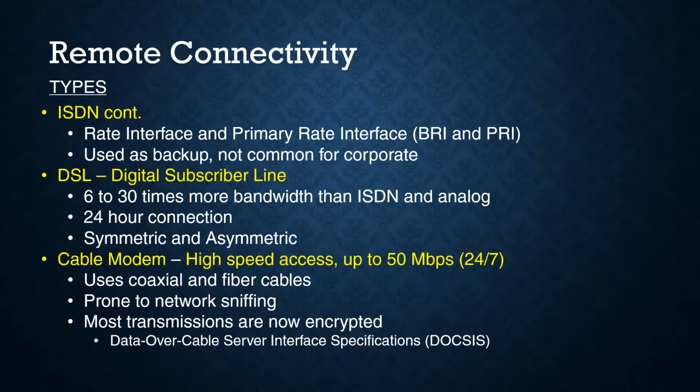Cable modems have also been around for a little while. With companies like Time Warner Cable, they provide television services, but now they're providing internet services as well. They provide high-speed access up to 50 megabits per second, also giving you 24/7 capabilities. They use coaxial and fiber cable lines.